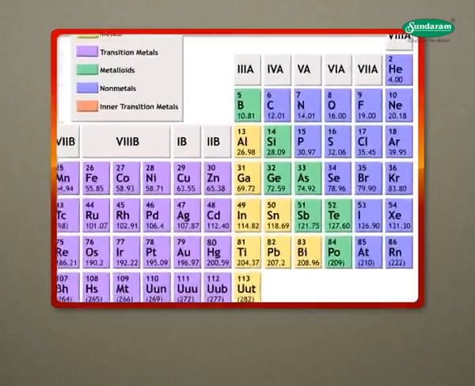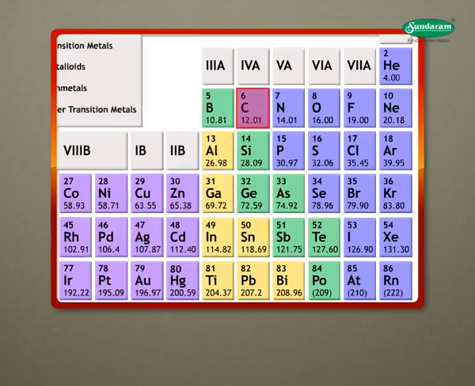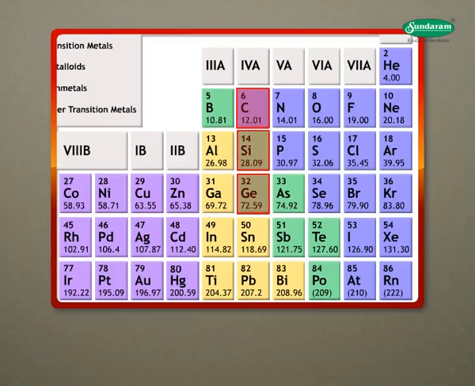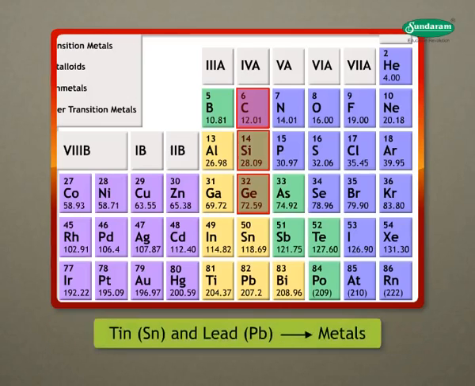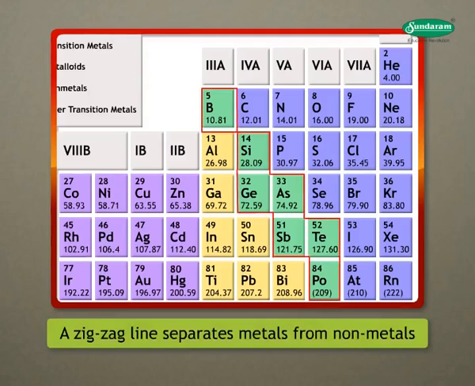In group 14, first element is carbon, C, which is non-metal. Next, two elements, silicon, Si, and germanium, Ge, are metalloids, and remaining elements, tin, Sn, and lead, Pb, are metals. In modern periodic table, a zigzag line separates metals from non-metals.